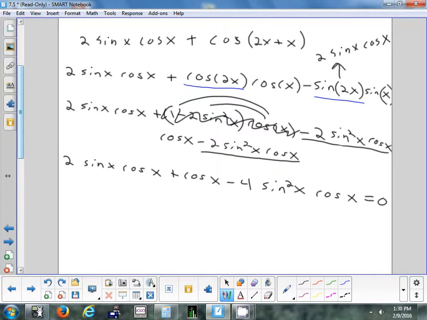I'm not going to fill it in for every step. What do they all have in common? Cosine. Yep, they all have a cosine x. So I'm going to factor that out of everything, cosine x, and I'm going to write it in descending order. What would you get if you factor cosine x out of the last term?